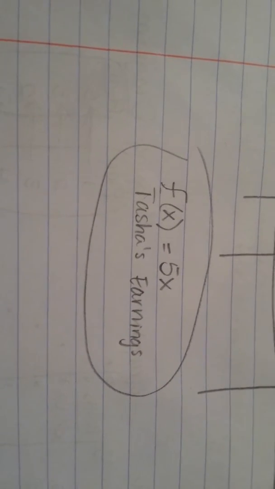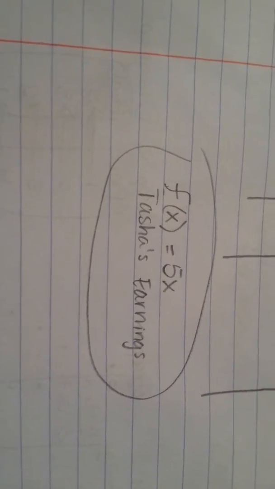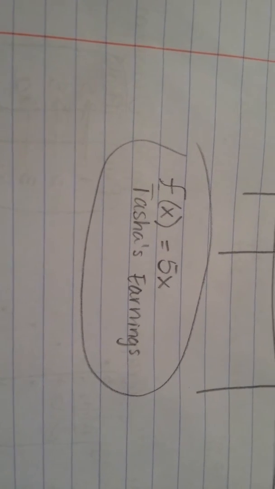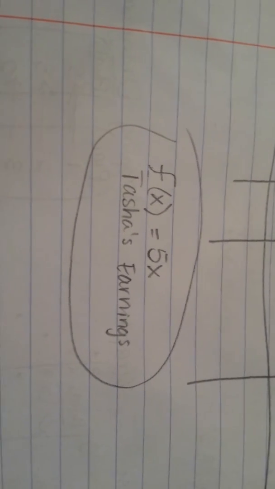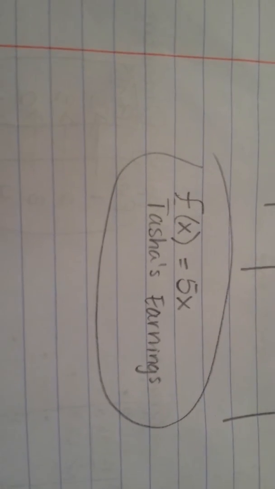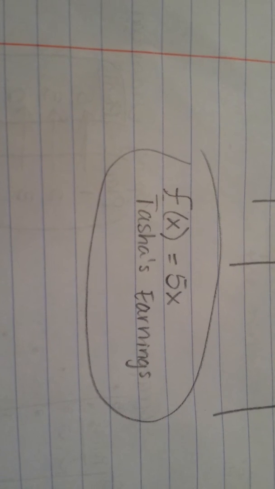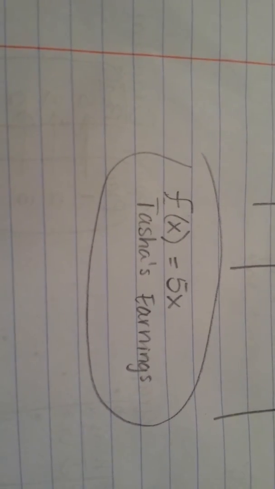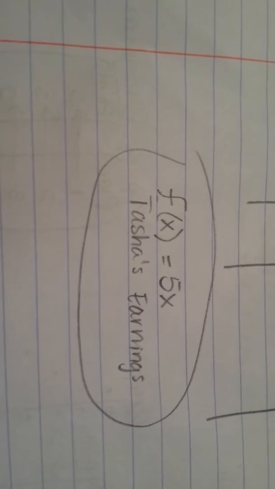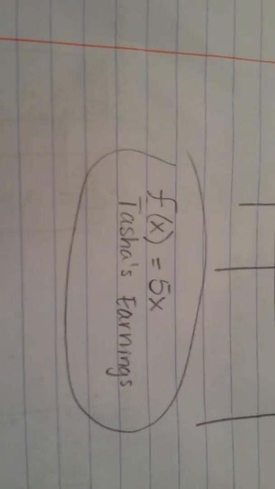So in Tasha's example, since y equals f(x), Tasha's earnings, y equals 5x, can be written in function notation by substituting, and this is how it will look if you substitute it out. Sometimes functions are written using y, and sometimes functions are written using f(x).